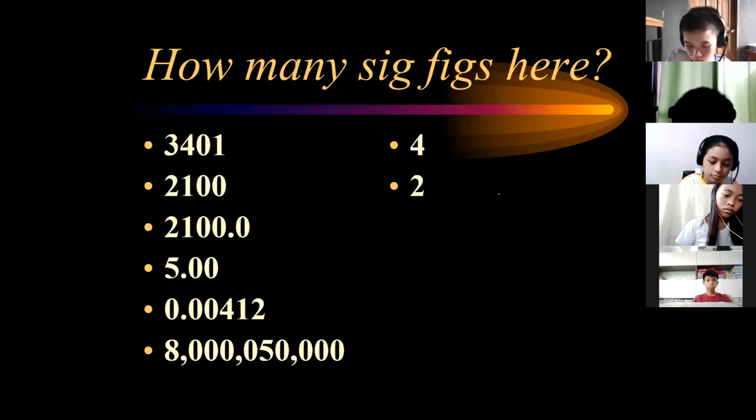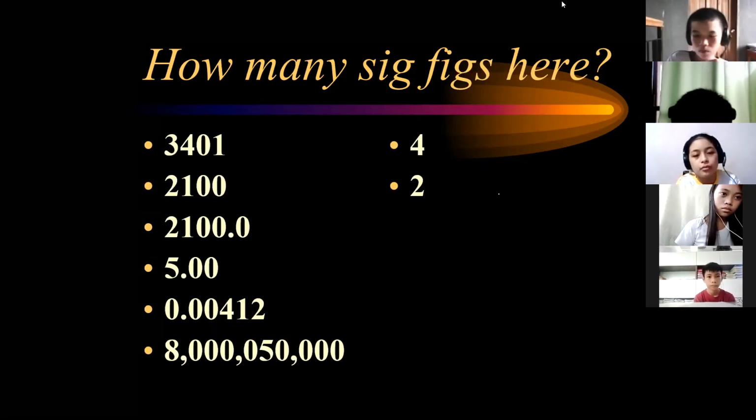Let us see some comments. Thank you, Austin. Why is 8,050,000,000 only 6? Liam and Lian, only 6 because you only counted 8, 0, 0, 0, 0, and 5.